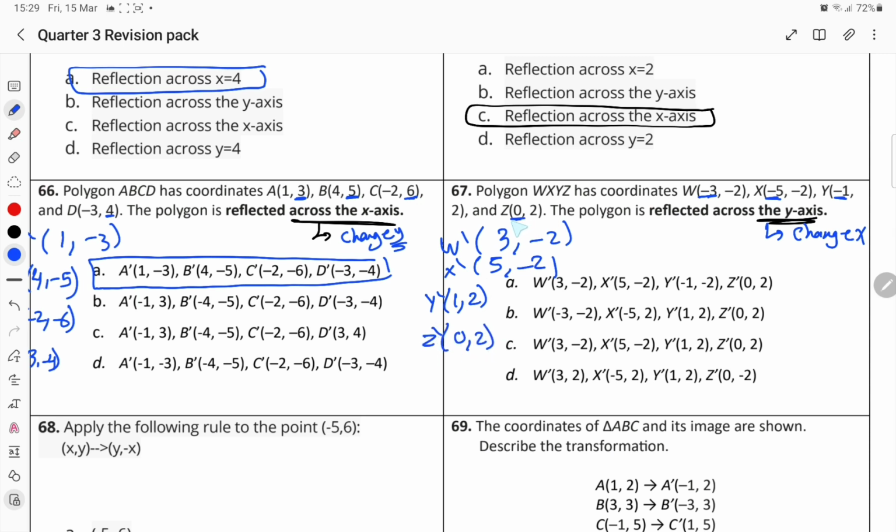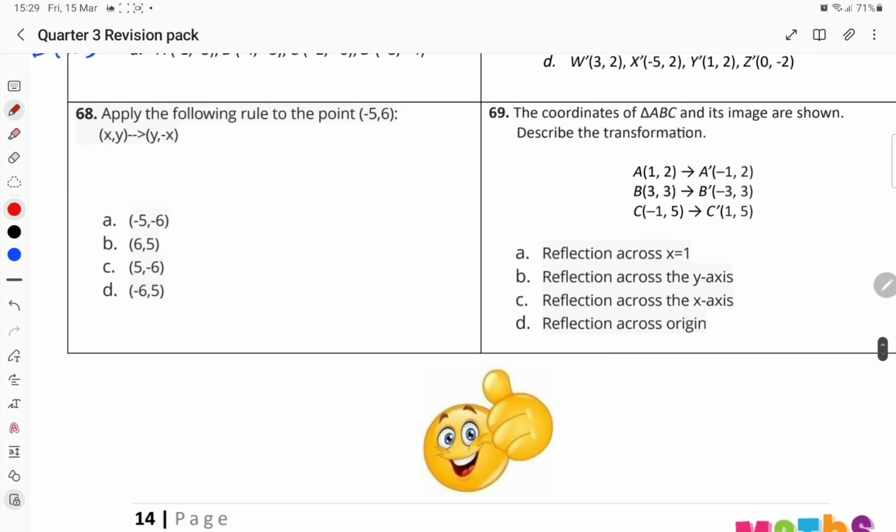There is nothing called negative 0, okay? Which one is correct? 3, negative 2, 5, negative 2. Yes, this one. But here is 1 and 2, so this is not correct. So what else? 3, negative 2, 5, negative 2, 1 and 2, 0 and 2. Yes, C, excellent. Very good.